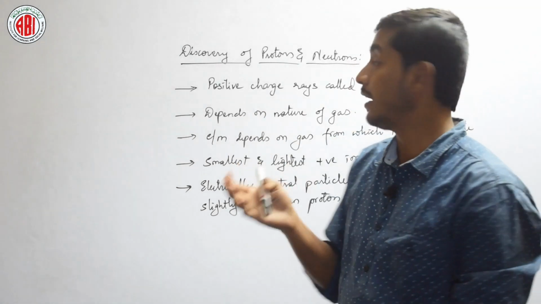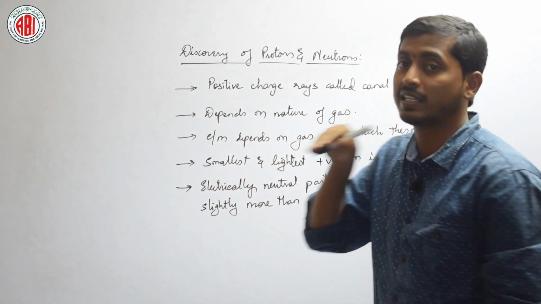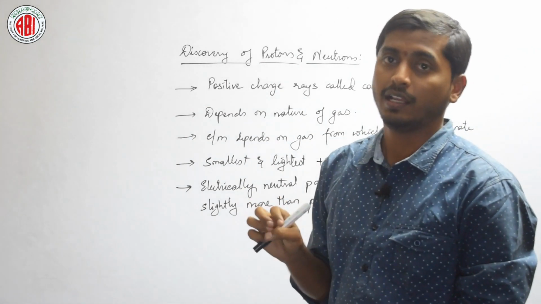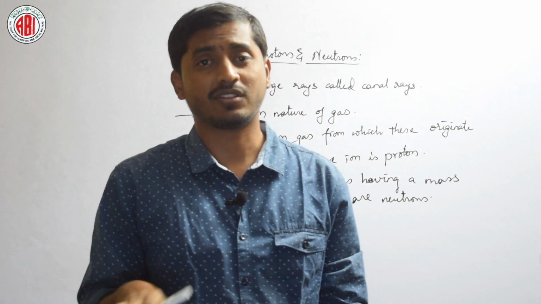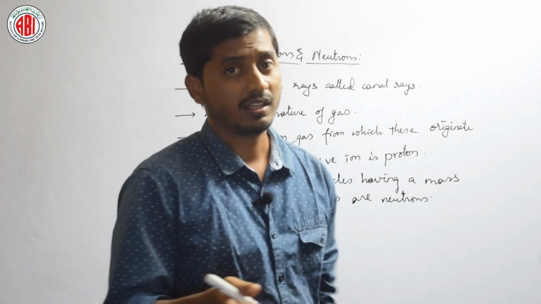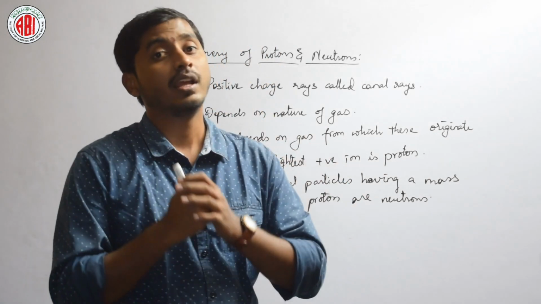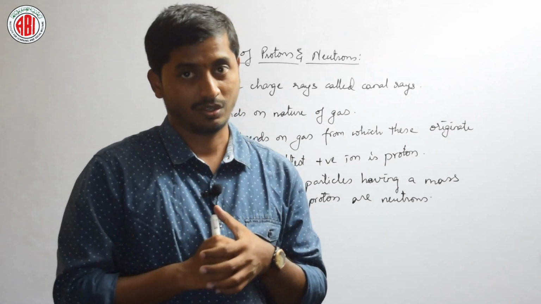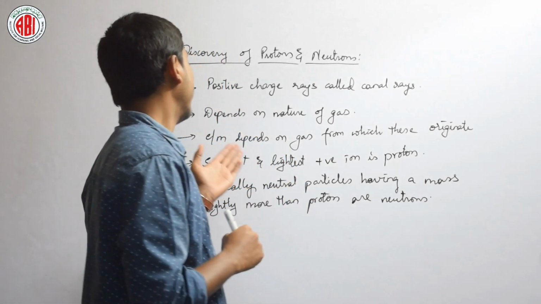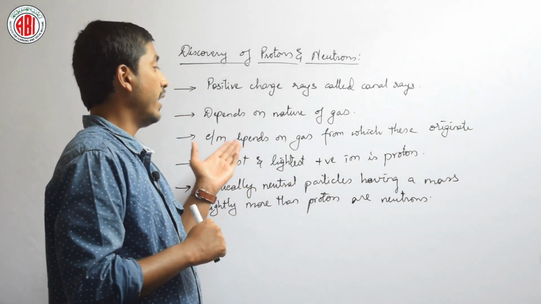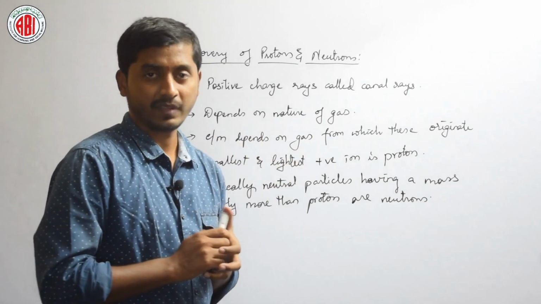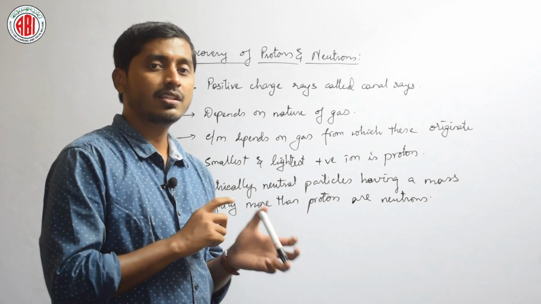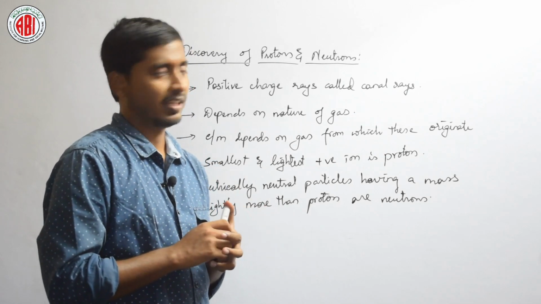They depend on the nature of the gas through which they pass, right. Before, we clearly discussed that electrons have no dependence on any nature or any material, but protons depend on the nature of the gas. The charge to mass ratio always depends upon the gas from which it originated, whereas for electrons it does not depend on anything, right.